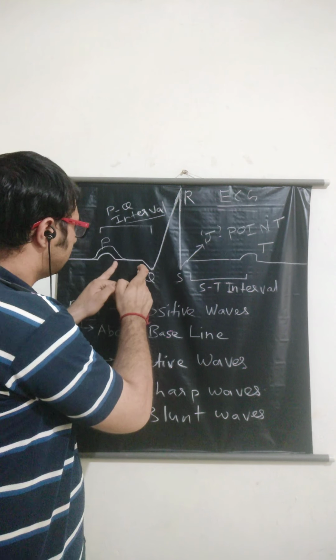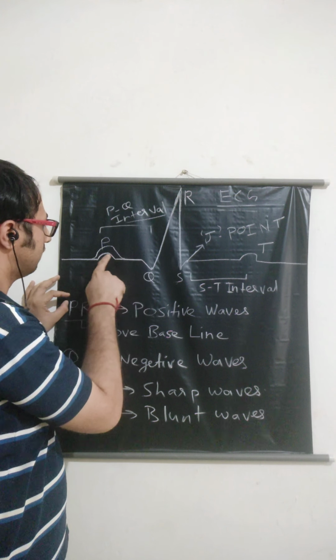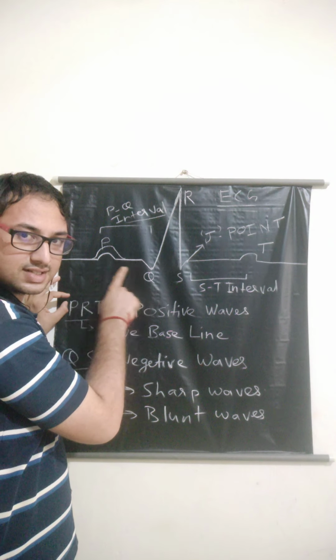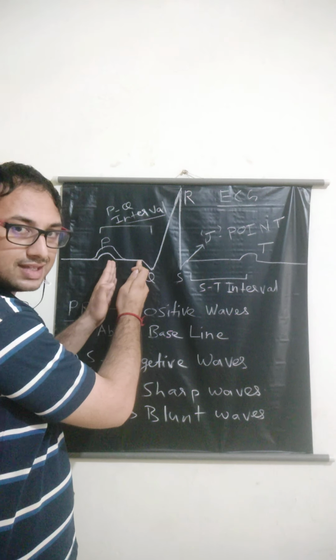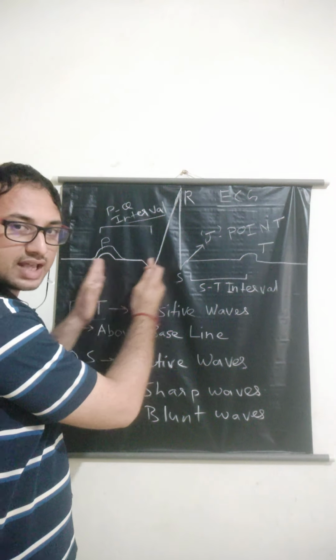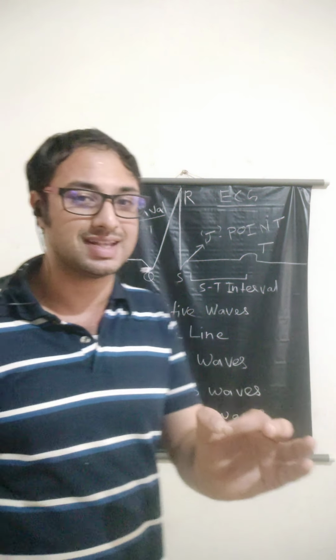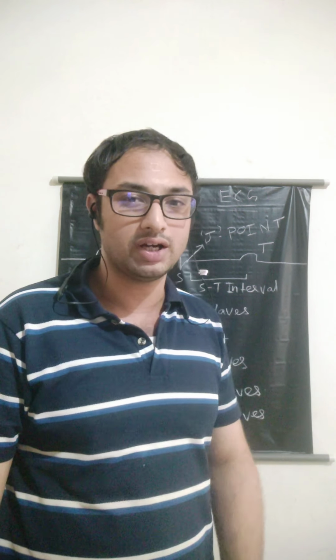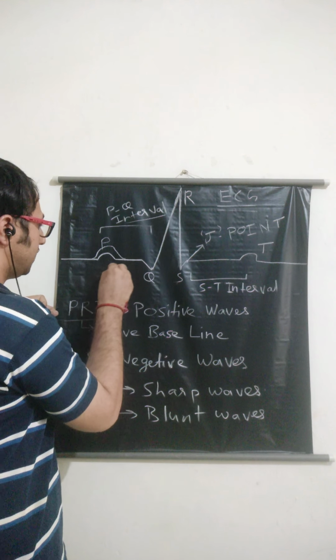Now the PQ interval, PQ segment, this line from P wave to Q wave. If the length of this PQ segment increases, that is an indicator of CAD and rheumatic fever.